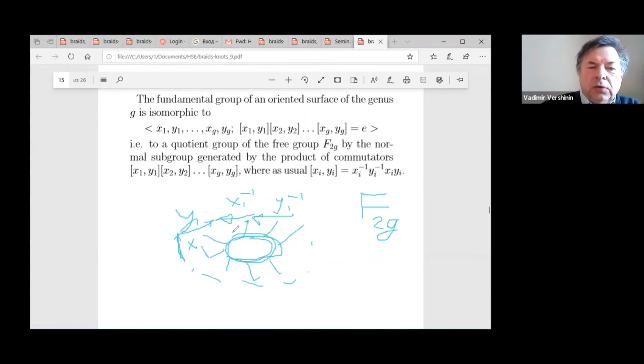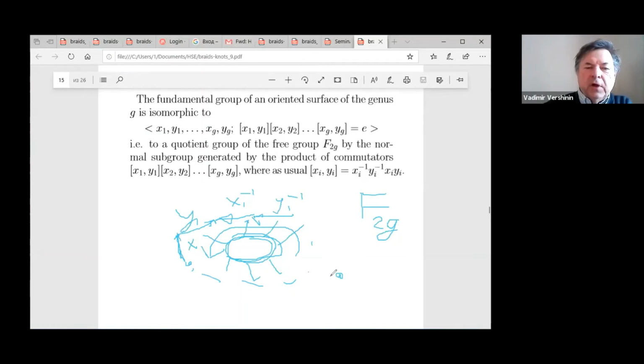Then when you kill all this surface, what is left? Only the n-gon with identifications. So x1 is identified with this, y1 with this, and as you told, and this is essential, all the vertices of the n-gon are identified with one point.